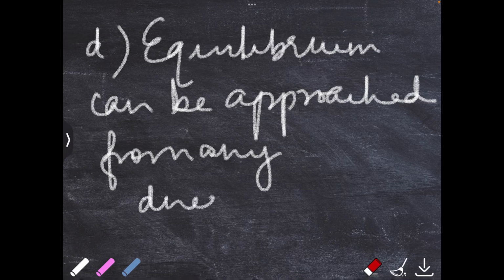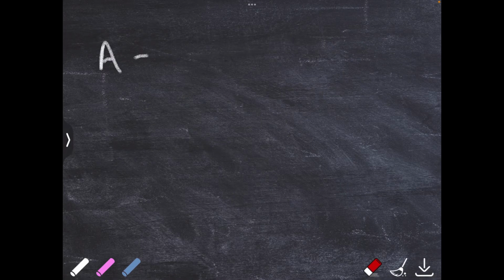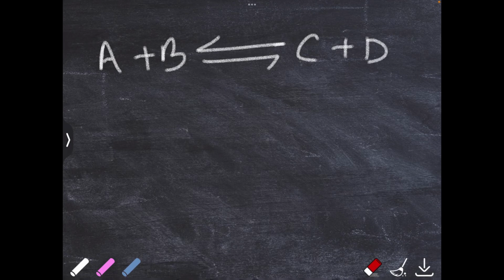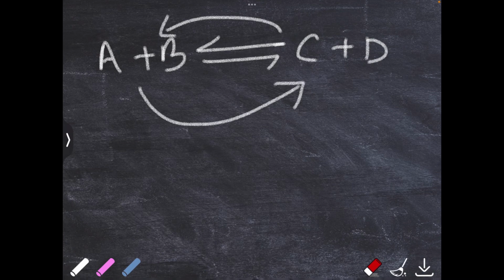Means, for example, A plus B reacts to give you C plus D. If you start with A plus B, it gives you C plus D, and C plus D again gives you A plus B. Instead of starting with A plus B, you can even start with C plus D. That is, C plus D will react to give you A plus B, and A plus B will again give you C plus D, till the rate of forward reaction becomes equal to the rate of backward reaction. So equilibrium can be approached from any direction.